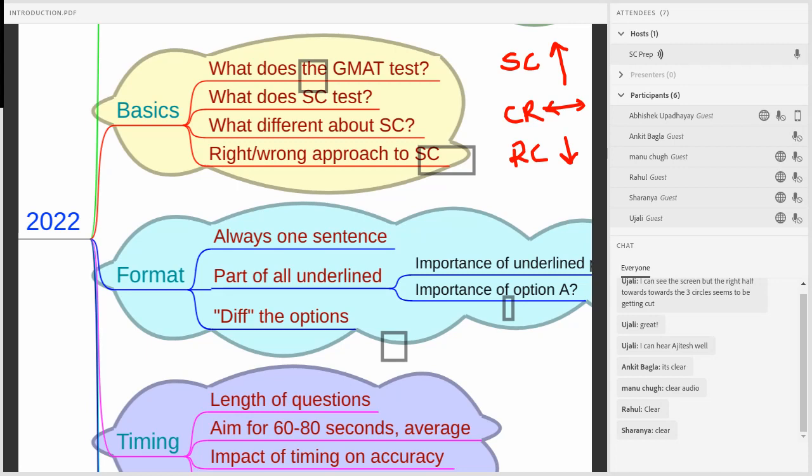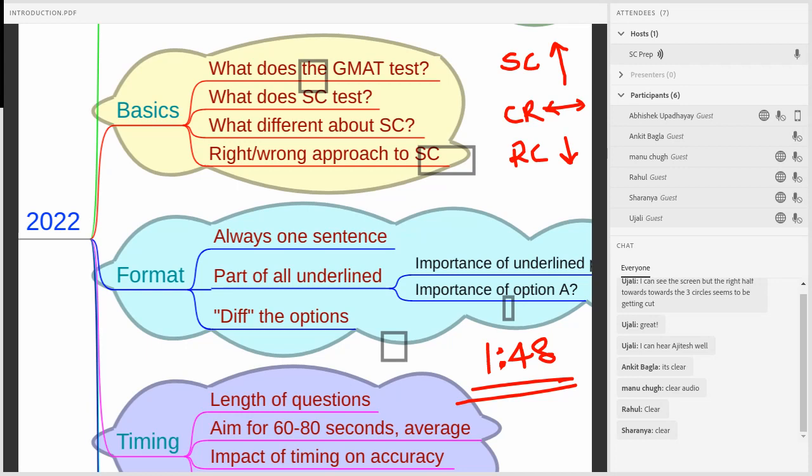So we'll discuss this a little bit later, but our average time for SC is something like 60 to 80 seconds. To give you a little more perspective on this, your average time in verbal is 1 minute 48 seconds. That's your verbal. In SC, we target 60 to 80 seconds.